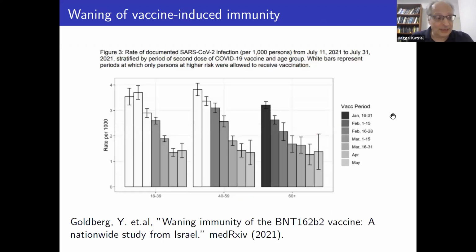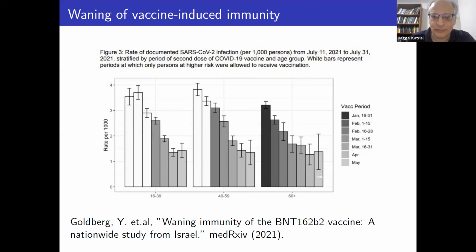We looked at the data, and we were shocked to see this result. Let's look, for example, at the 60+ age group. This shows the rate per thousand during this period in July, stratified according to the date of vaccination.